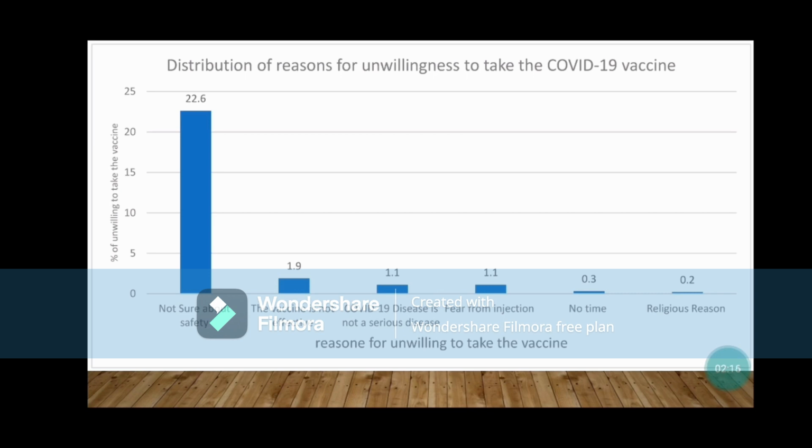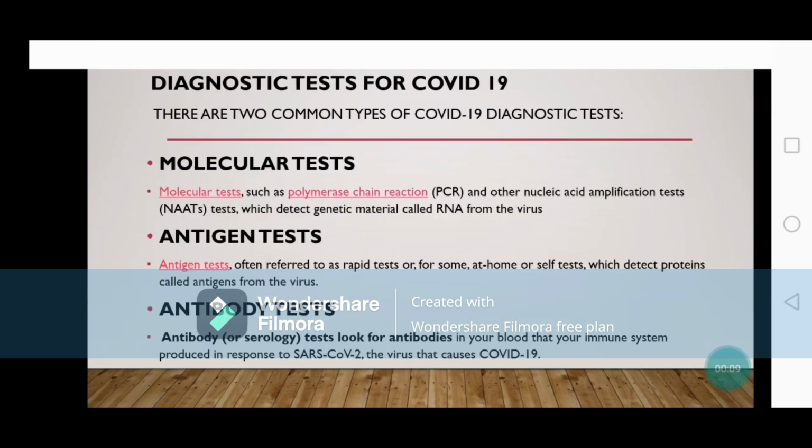There were some people who had no time for getting vaccinated. Their percentage was 0.3%. And there were some people who included religious reasons in terms of getting vaccination, and they were 0.2%.